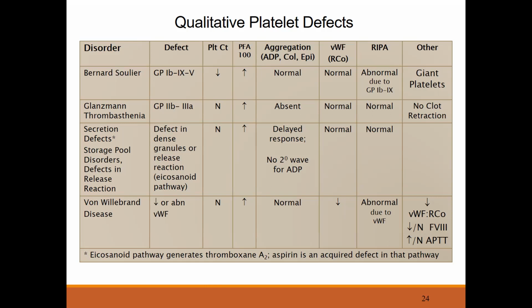So it's good to not just memorize this table, but to understand what the test is doing and why my patient with this disorder is positive, negative, decreased, or increased for those particular tests.